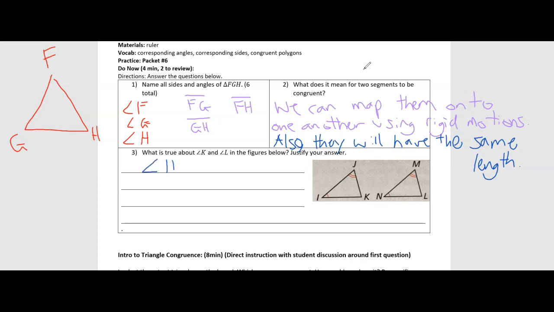So we can say angle K is congruent to angle L by third angles theorem. You could put your set of 3 arcs there as well. And it's time to move on.